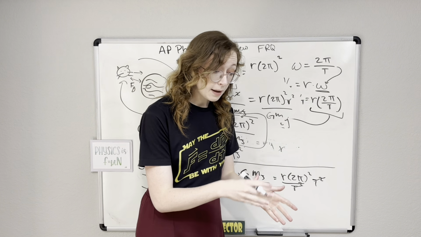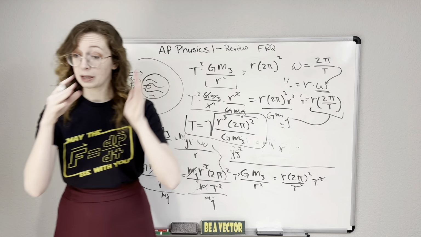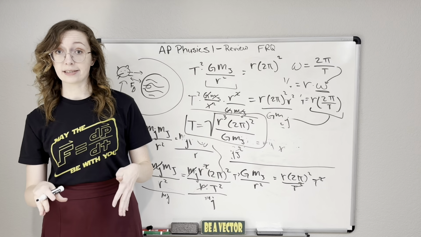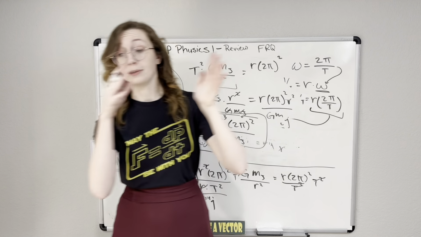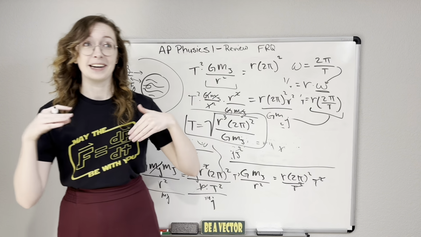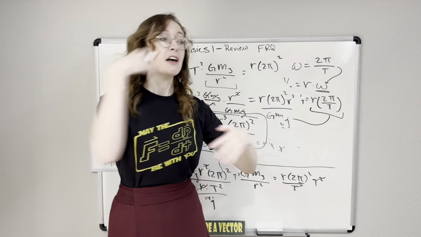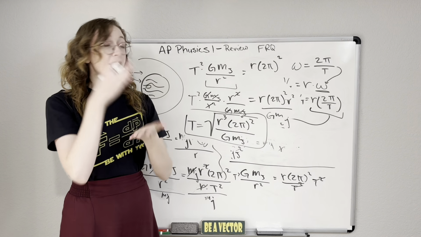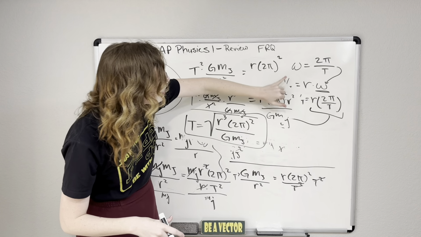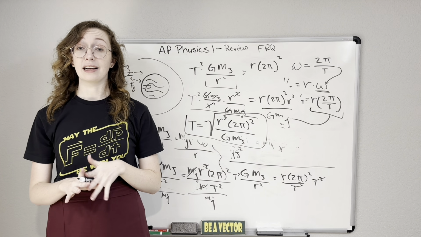So I can rewrite my angular velocity in terms of my period, and then I can use that to rewrite my tangential velocity in terms of my period, which then I can use to rewrite my centripetal acceleration in terms of my period, which I can then use to rewrite my centripetal force in terms of my period. So it was a lot of steps, a lot of algebra, but in the end it was just remembering these two little equations and then plugging them into the same equation we used in the last problem.